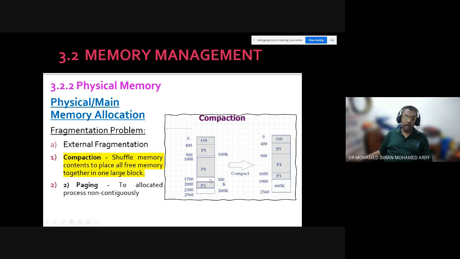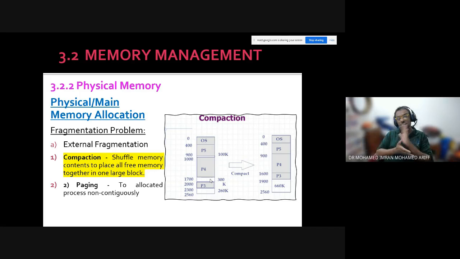There is also another method to solve external fragmentation, which is called paging. Paging means to allocate the process non-contiguously. Always remember, contiguous means the process is not broken down.